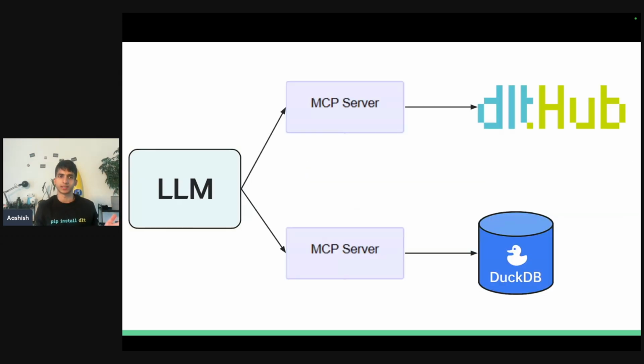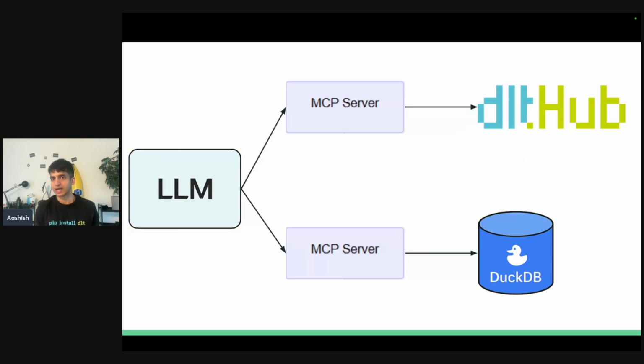Here's one potential idea, right? We could create 2 MCP servers. The first MCP server would extend the LLM's capabilities to the DLT Hub documentation that's on the web. And the second would extend its capabilities to the DuckDB database. Now, with access to the DLT Hub documentation, the LLM can do a much better job at debugging or troubleshooting or suggesting improvements to DLT pipelines.